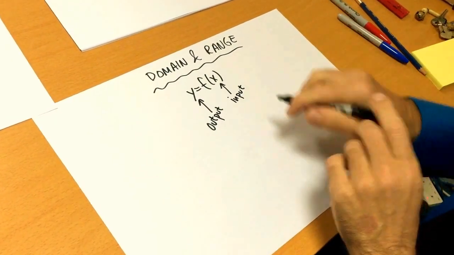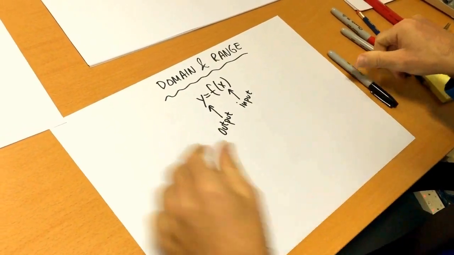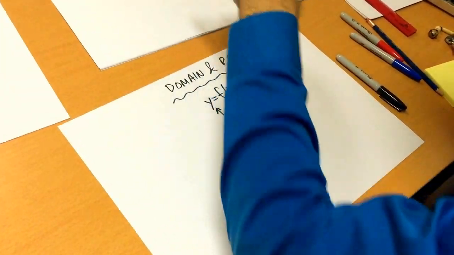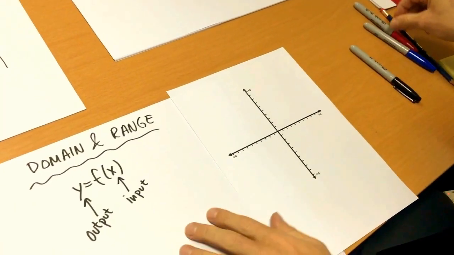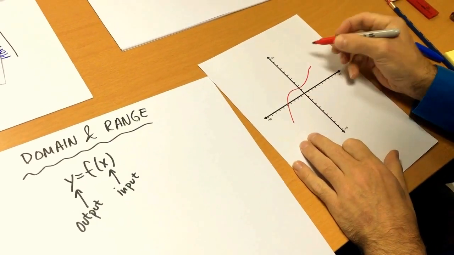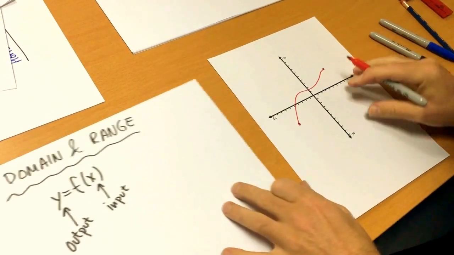Okay, so let's do domain first. If I take one of these older graphs, let's do a new graph so that it looks nice. Let's do something that looks like a function. Let's say it goes from here to here.